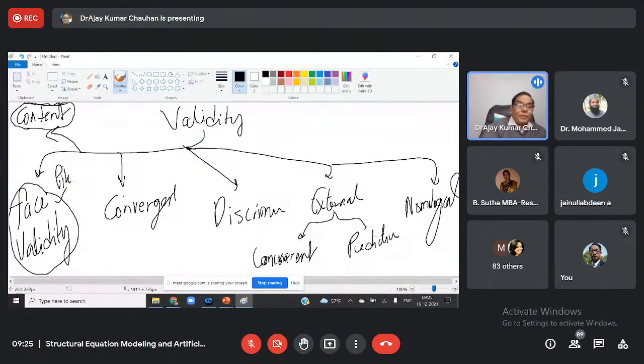The purpose of the pilot survey is to check the face validity of the questionnaire. There is no test to examine face validity. The only thing you need to check is whether we need to change the language of the questionnaire, add more questions, or drop some statements. All of that comes under face validity.